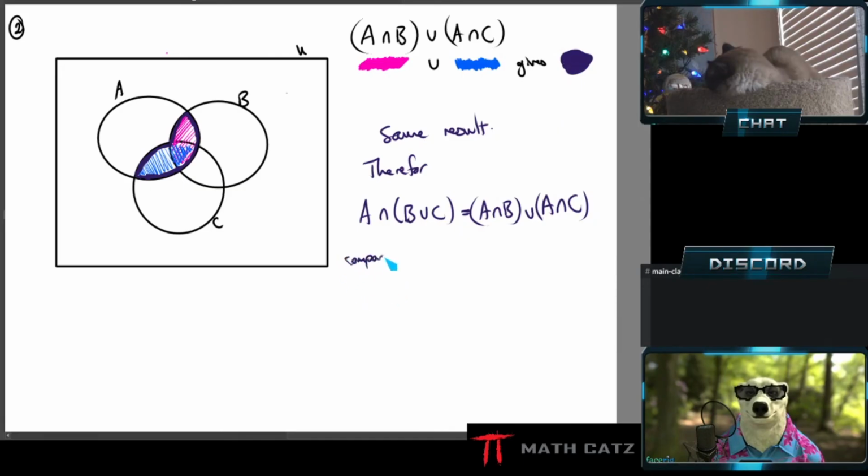Compare this with 2 times (3 plus 4). How do I simplify this? I multiply it into the bracket: 2 times 3 plus 2 times 4. Now, I'm not saying union is plus and intersection is times.